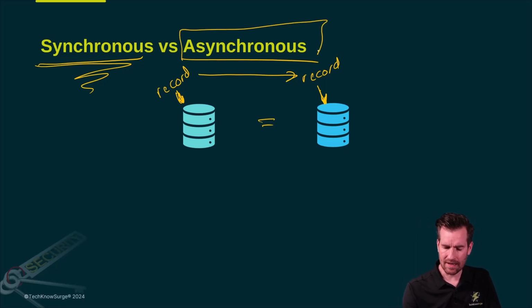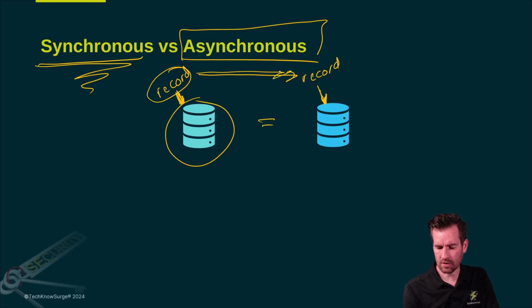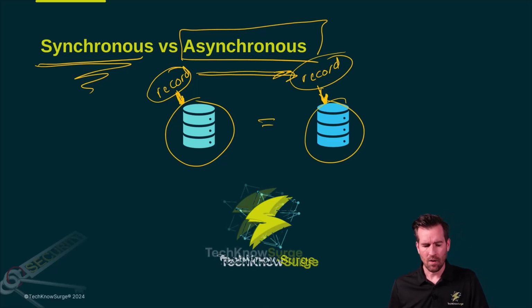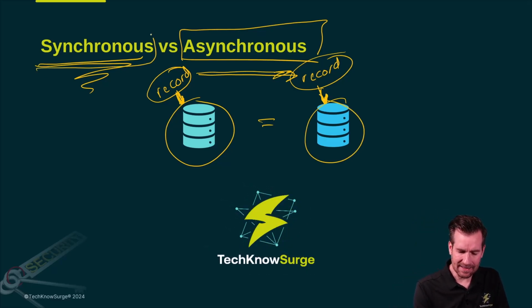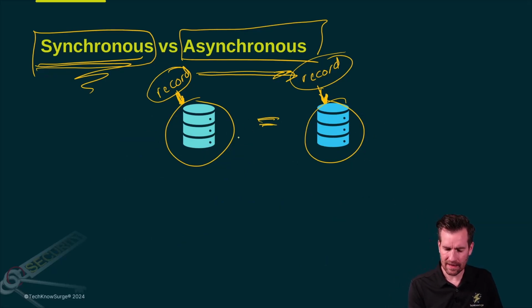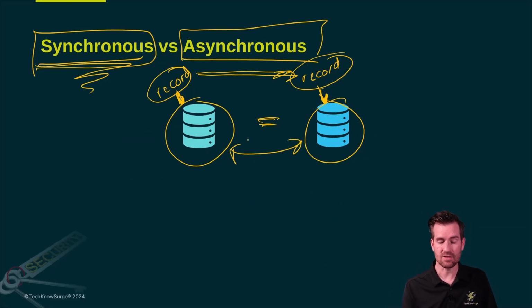Versus asynchronous means that it doesn't necessarily have to happen at the same time. This record could be committed to this database, it could be shipped over to the other side at any point in time, and then this record gets committed to this database. Now, obviously, the ideal is that they get committed at the same time and that you make sure there is integrity between these two databases.